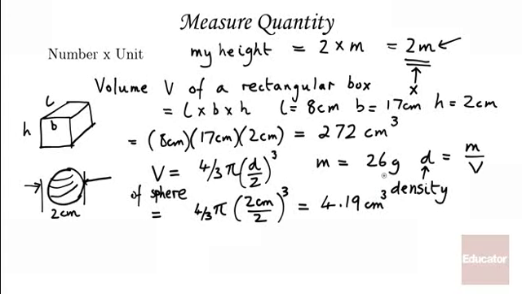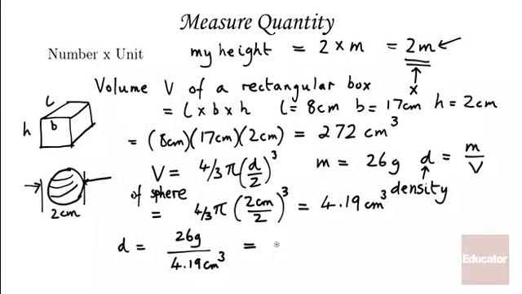Again, a volume must be expressed in the cube of a length unit. A volume can be cubic millimeters, cubic picometers, cubic centimeters, cubic meters. So the density of this sphere is its mass, 26 grams, divided by 4.19 centimeters cubed.